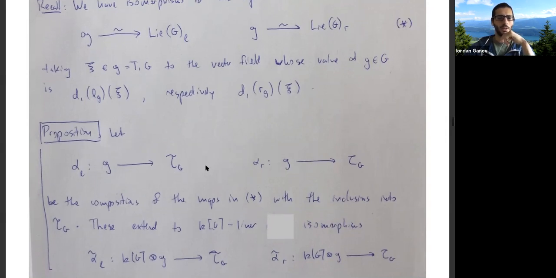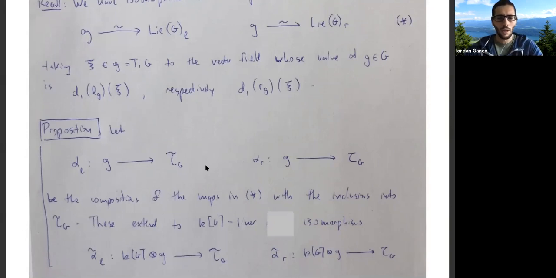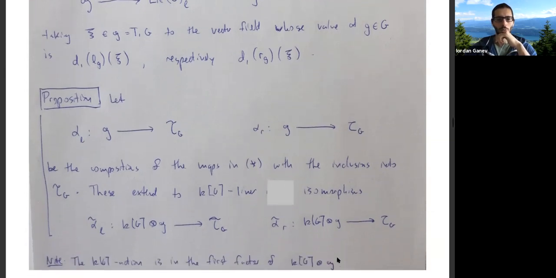And the claim is that these extend to isomorphisms of K[G] modules from K[G] tensor the Lie algebra to TG, to all vector fields in both cases. So we have these two isomorphisms.